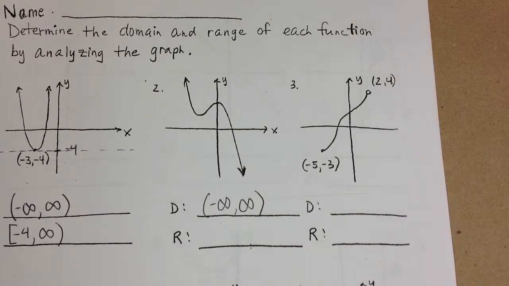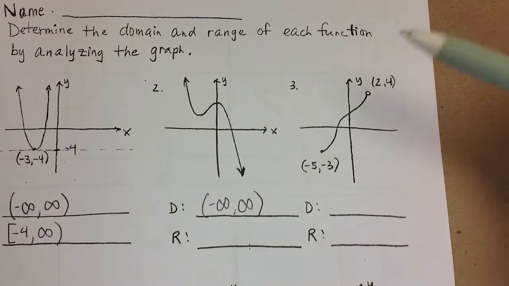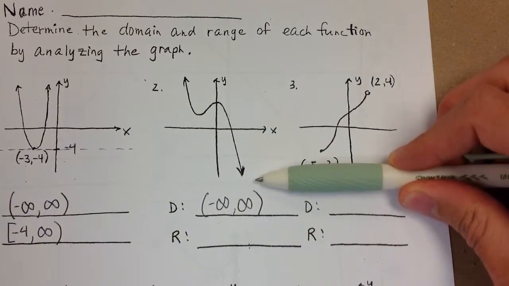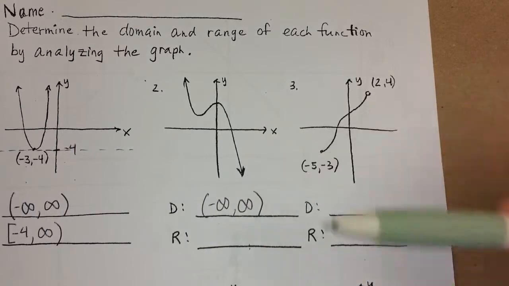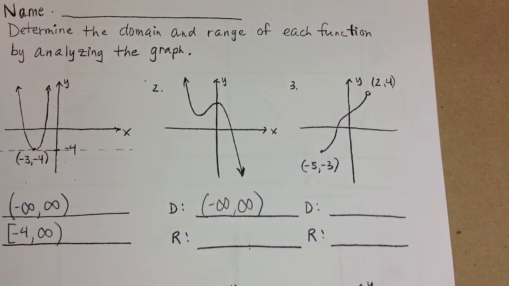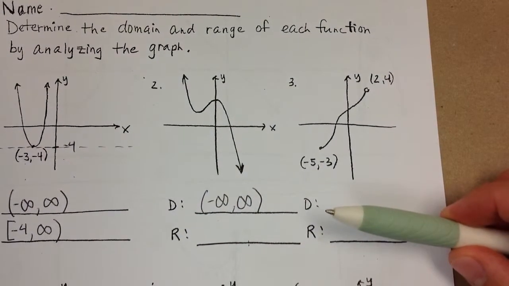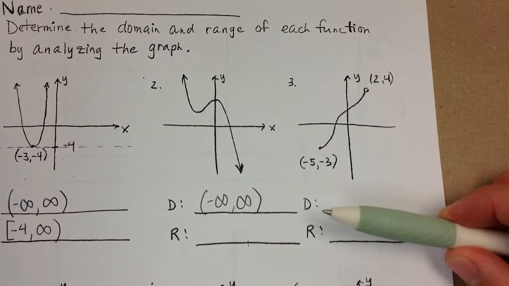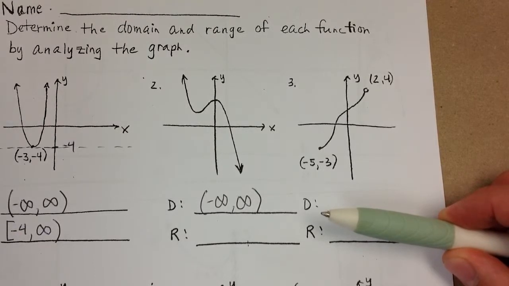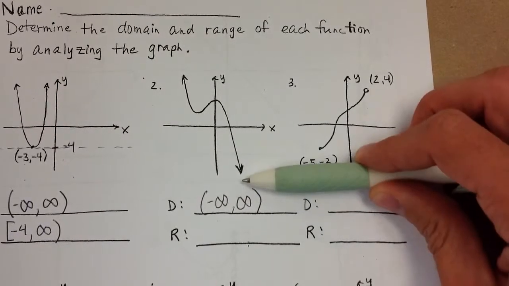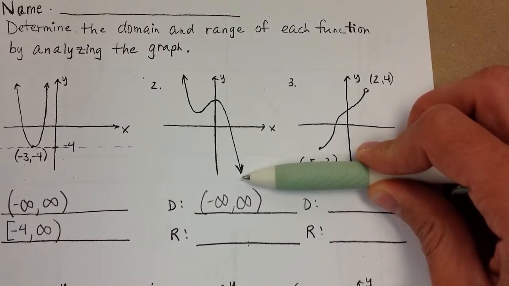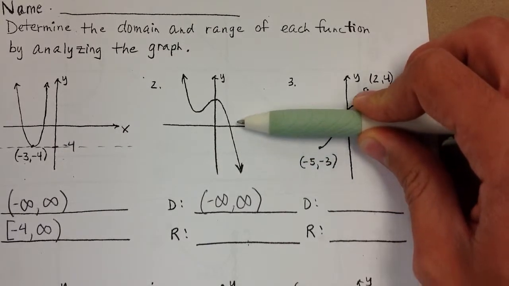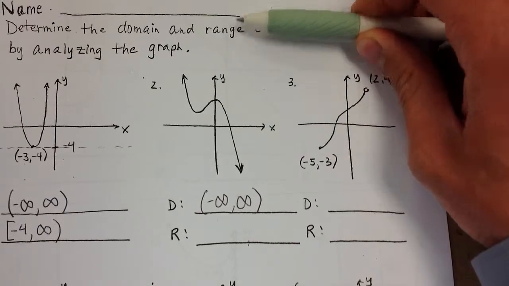And Nikki Brown, I know you're working, and that's fine. Could you just tell us what the range is for this one, number 2? Correct. We have y values down here at negative infinity, and as we go up, still have y values, all the way up to positive infinity.